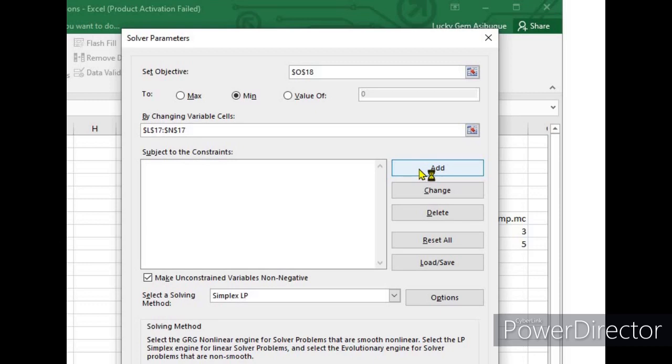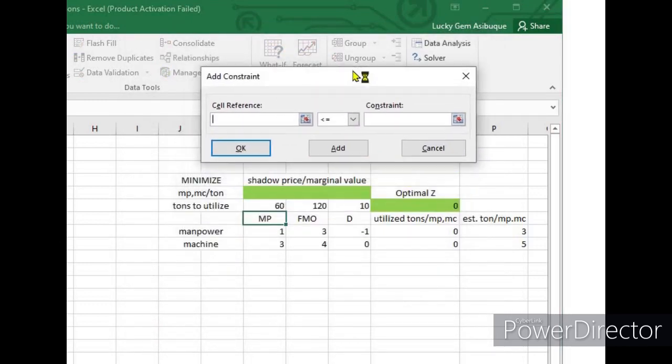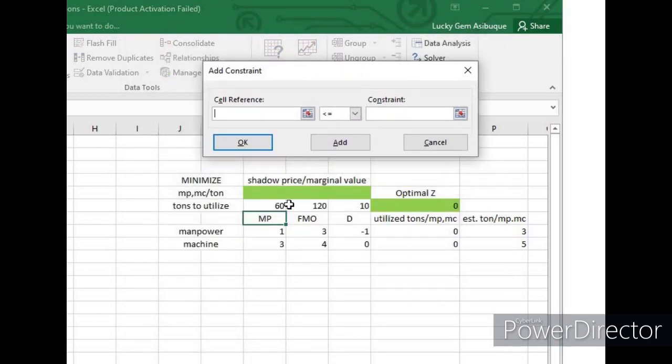Then for the subject to constraints, click add. For the first constraint, for the cell reference, select this, and the sign is greater than or equal for the first constraint. Then the constraint here is this. Then click add.